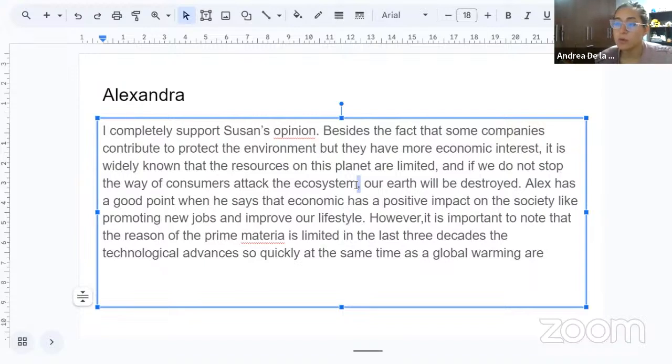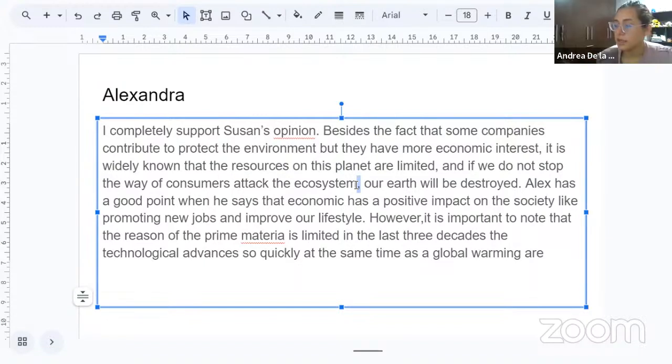Now, Alex has a good point when he says that economic growth has a positive impact on society, like promoting new jobs and improving our lives. However, it is important to note that the natural resources are limited. Yes, I confused my idea, and I don't have more time.